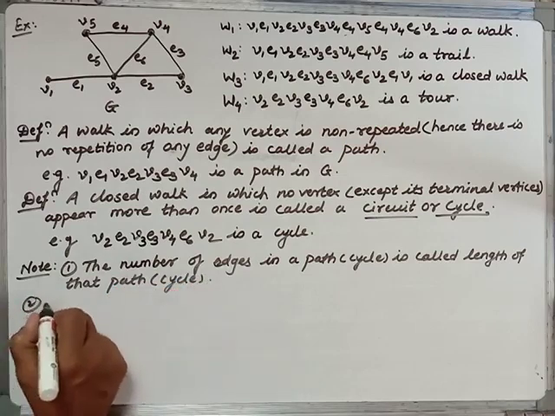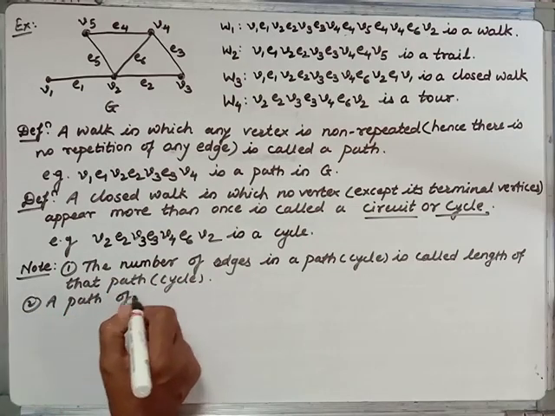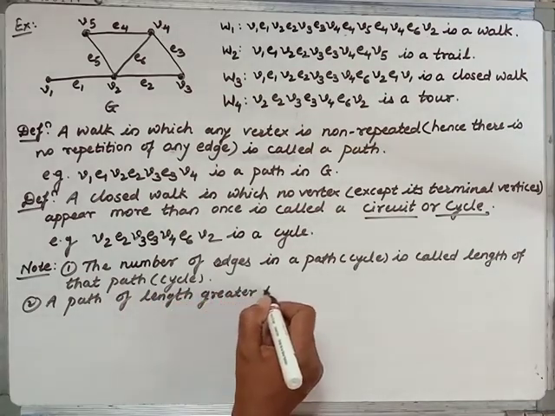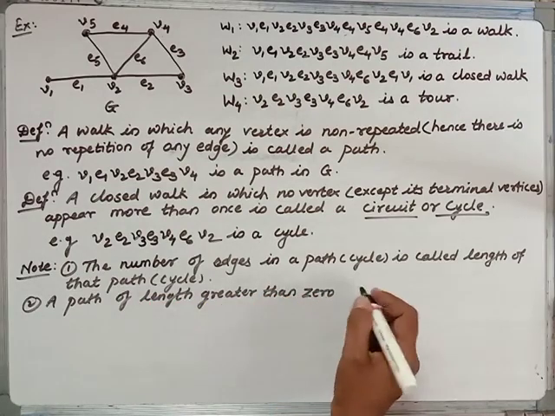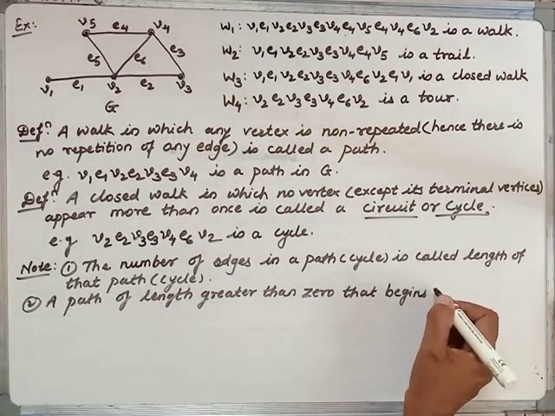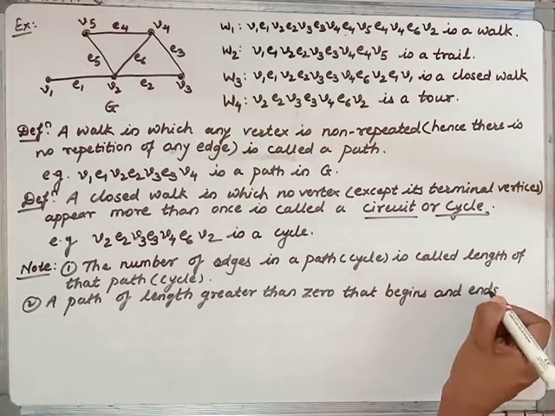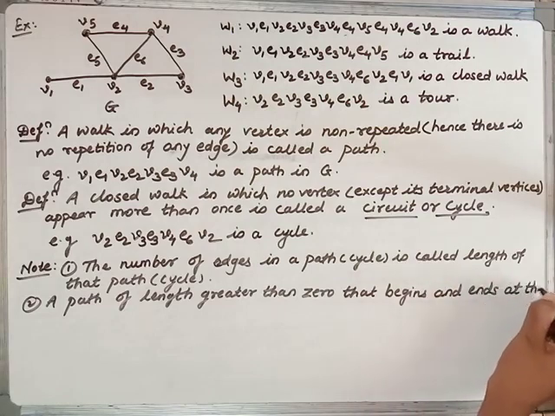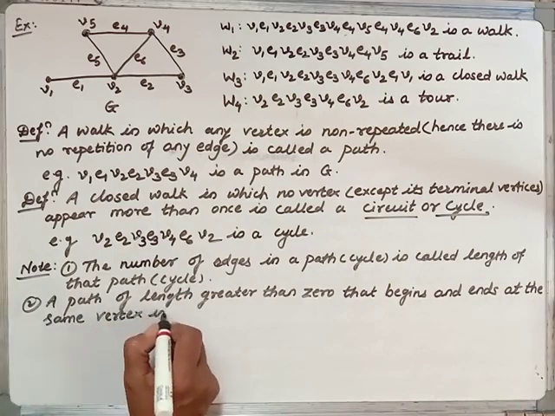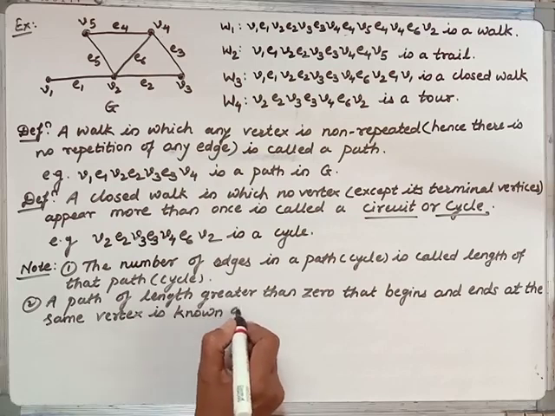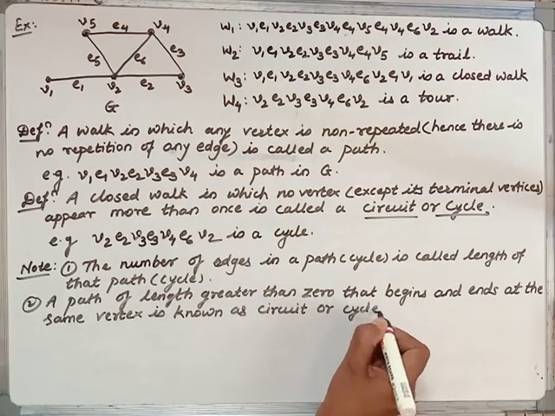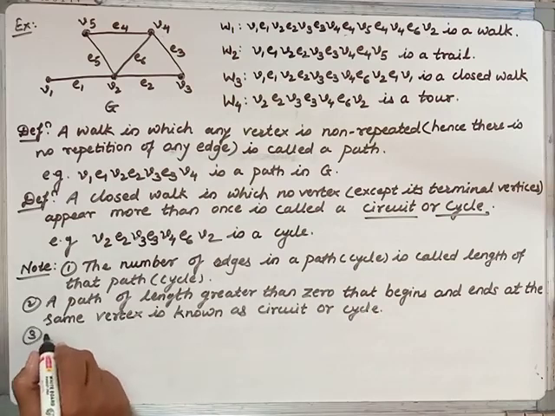Another note: a path of length greater than 0 that begins and ends at the same vertex is known as a circuit or cycle. Third, a self loop is a circuit.